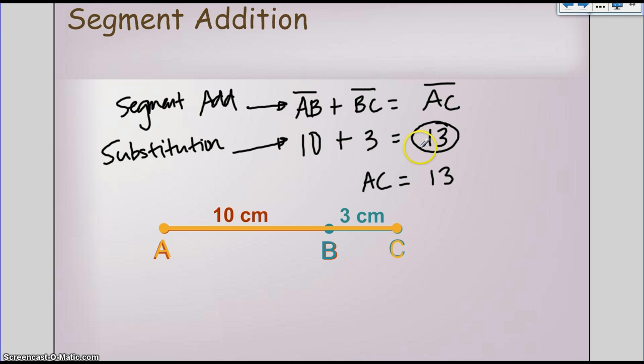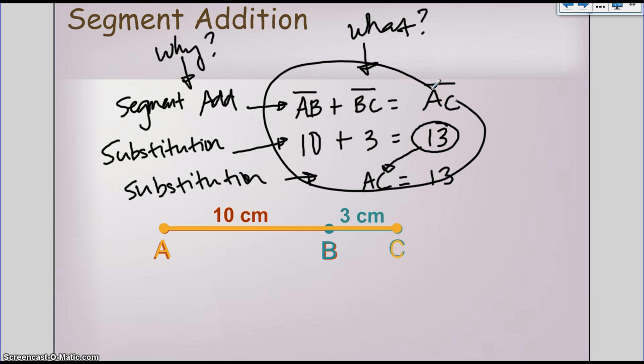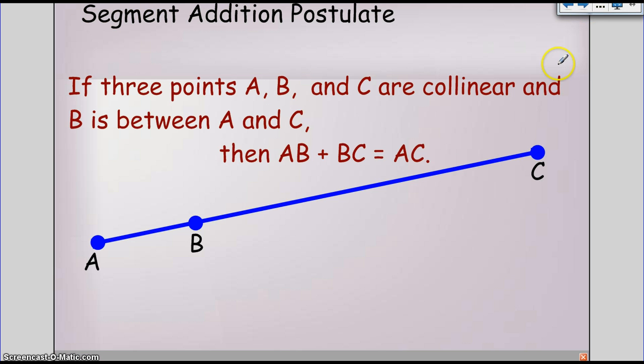I knew that number was supposed to be this segment, so I go back to substitution. Isn't that right? We knew what to do, and now we know why we did it, right? In algebra, you did all of this, but now in geometry, you just tell me why.